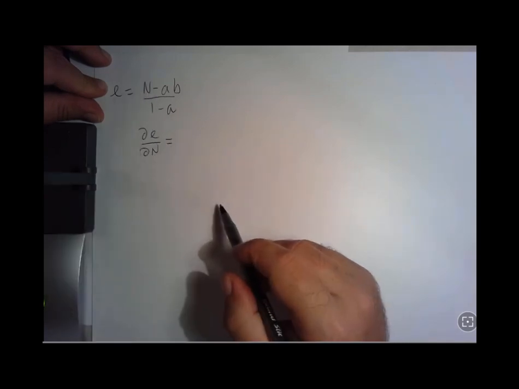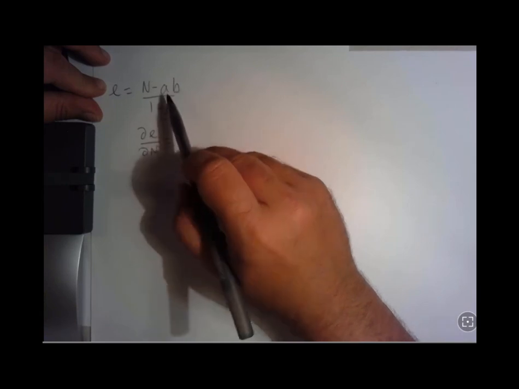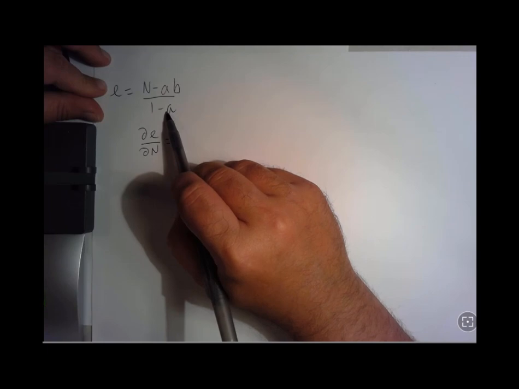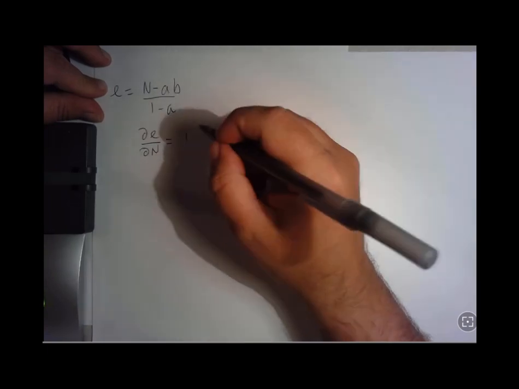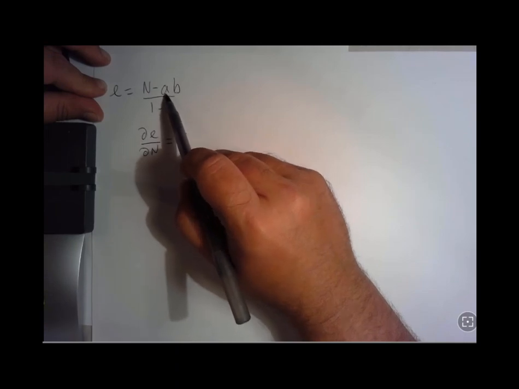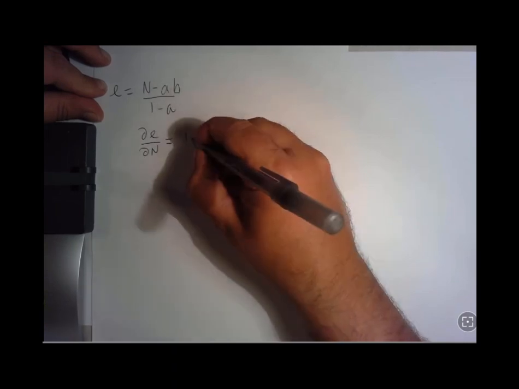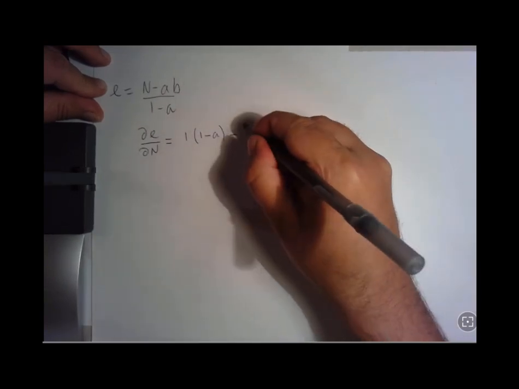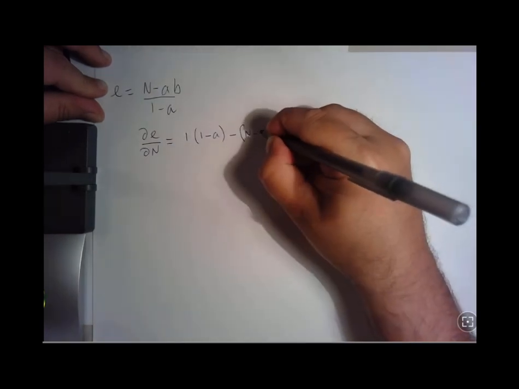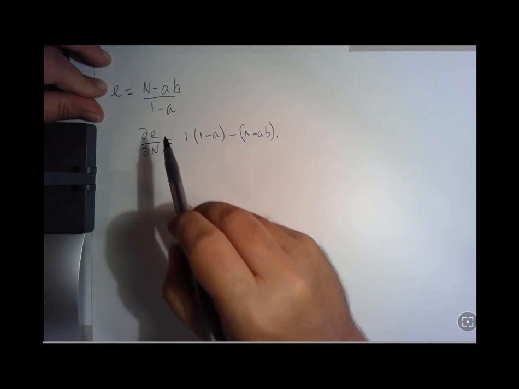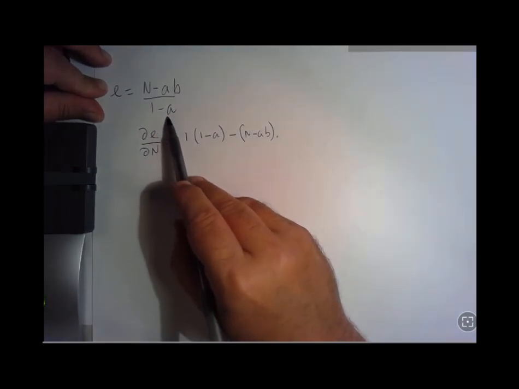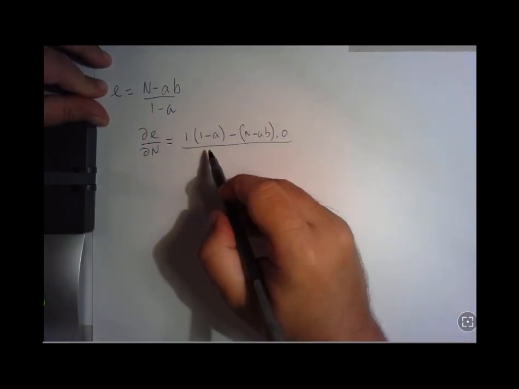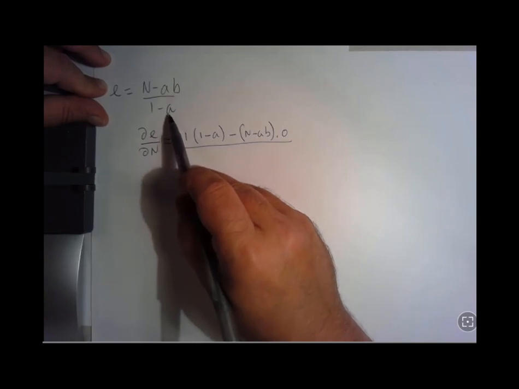As you recall from your calculus classes, this is going to be equal to the derivative of what is on top times whatever is in the denominator. So we're going to have 1, the derivative of N is itself, and these other terms are not N, so their derivative is 0. So 1 times whatever is in the denominator, minus what is on top times the derivative of what is in the denominator with respect to N. And there's no N there, so that will be 0, divided by what is in the denominator squared.